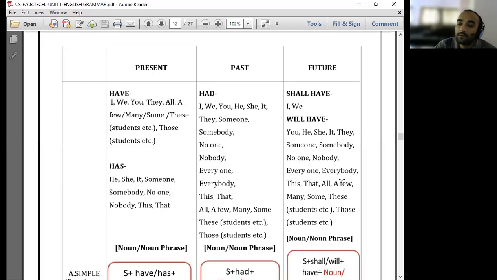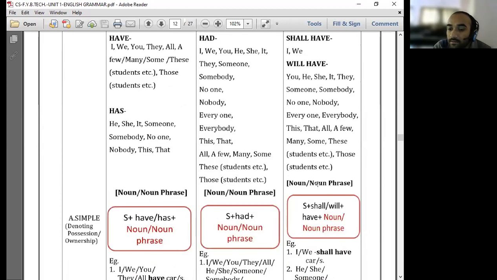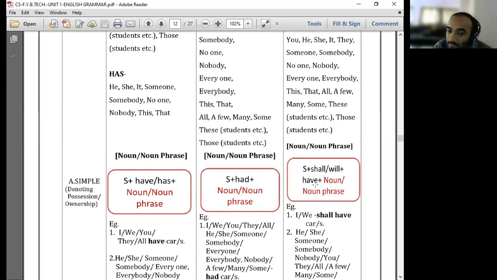Okay. So we can use shall have or will have before noun or noun phrase. Noun किंवा noun phrase च्या आधी आपण use करतो. The structure for the sentence is subject plus shall or will have plus noun or noun phrase.